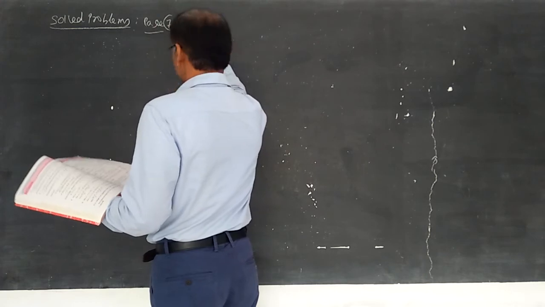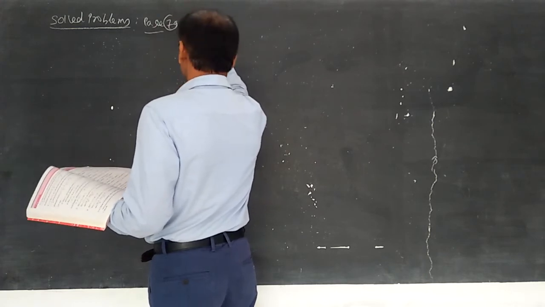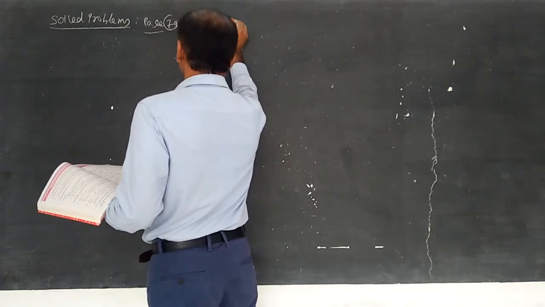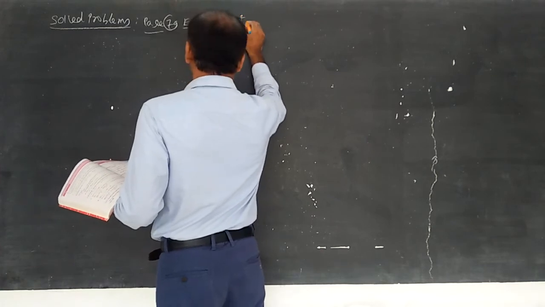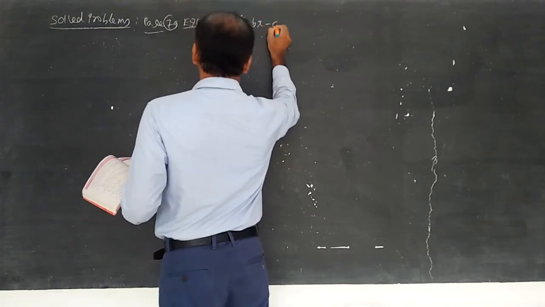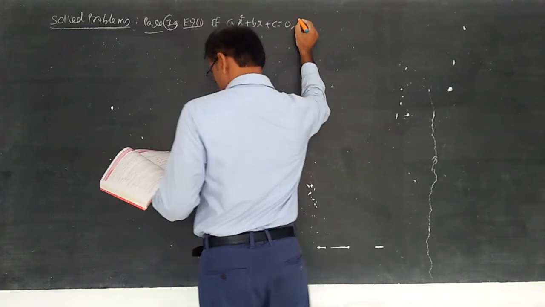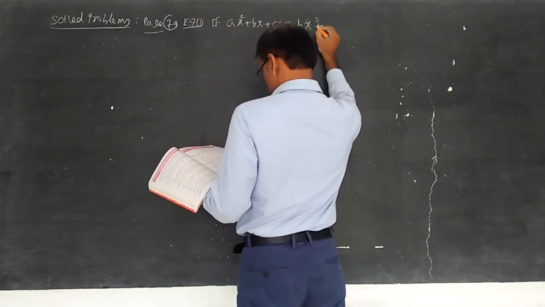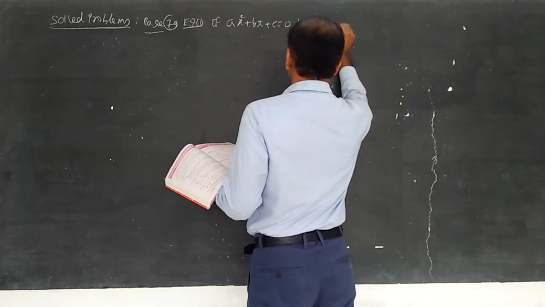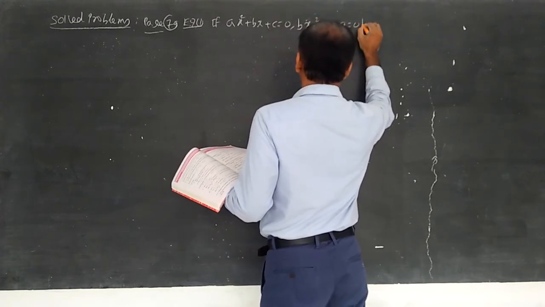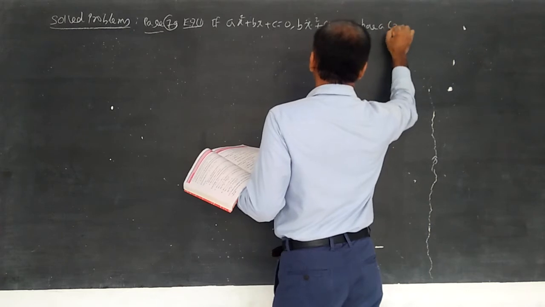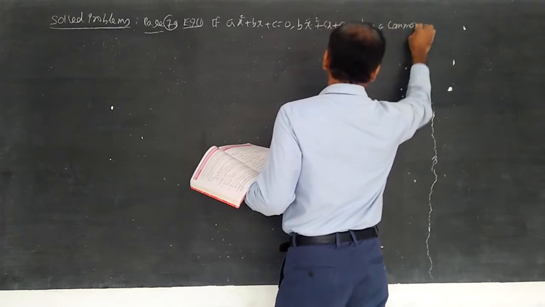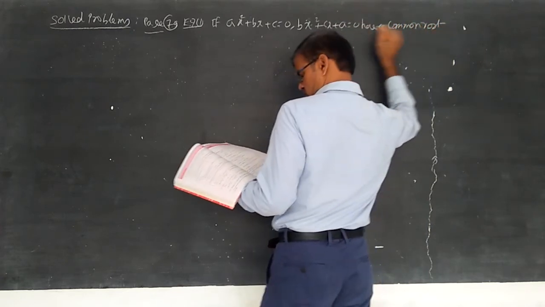Suppose the two quadratic equations ax square plus bx plus c equal to 0 and bx square plus cx plus a equal to 0 have a common root.